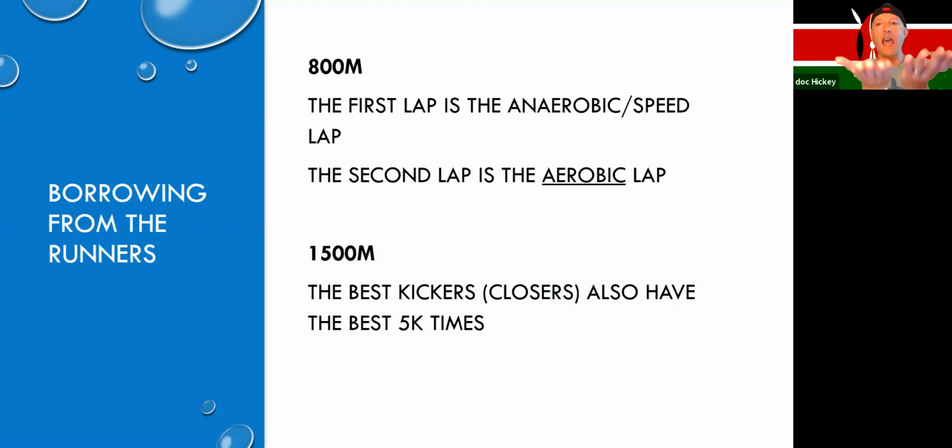The 5K gives us that aerobic support. The 5K gives us that aerobic power. And then our best 1500-meter runners are able to hit the speed because they're working at a lower percentage of their intensity as they cover the first 3 laps of the mile or of the 1500. So building that aerobic capacity makes the athlete faster.